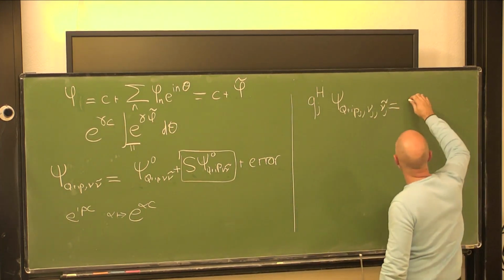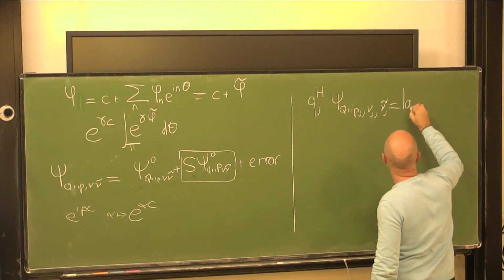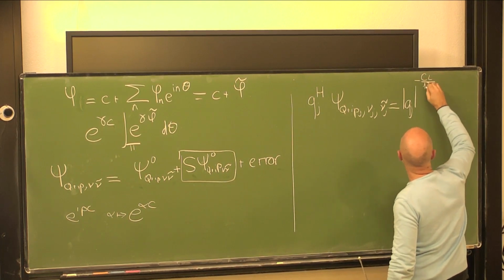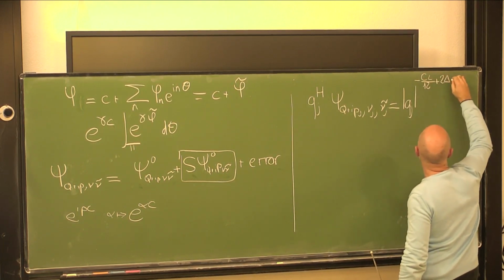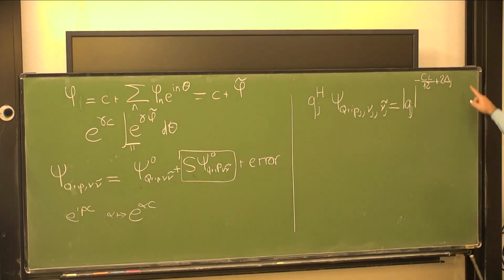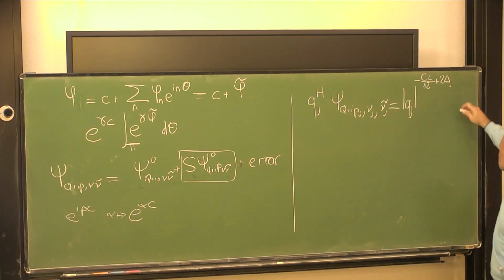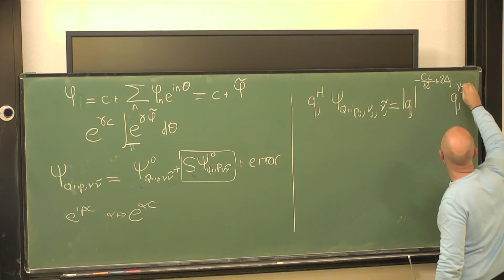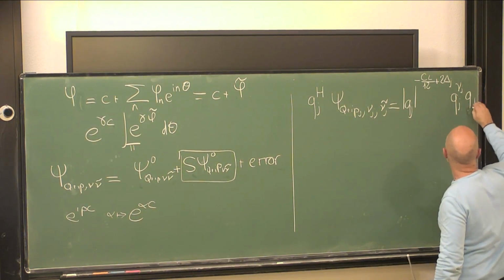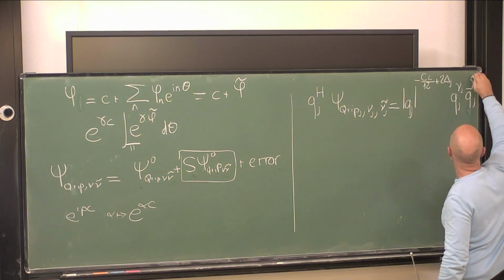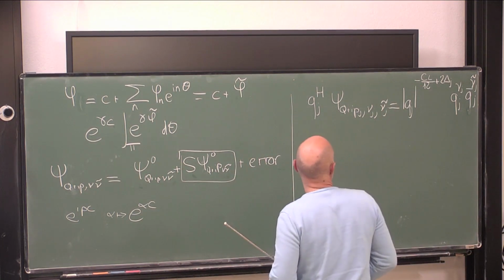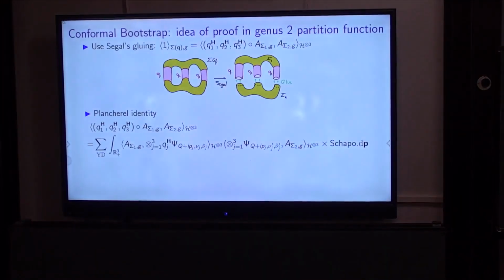So I told you this morning that it is q_j to some power. There was the central charge divided by 12 plus 2 times delta_j, and then there was the length of the Young diagram. But when it's complex, it's just q_j^(...) q̄_j^(...).